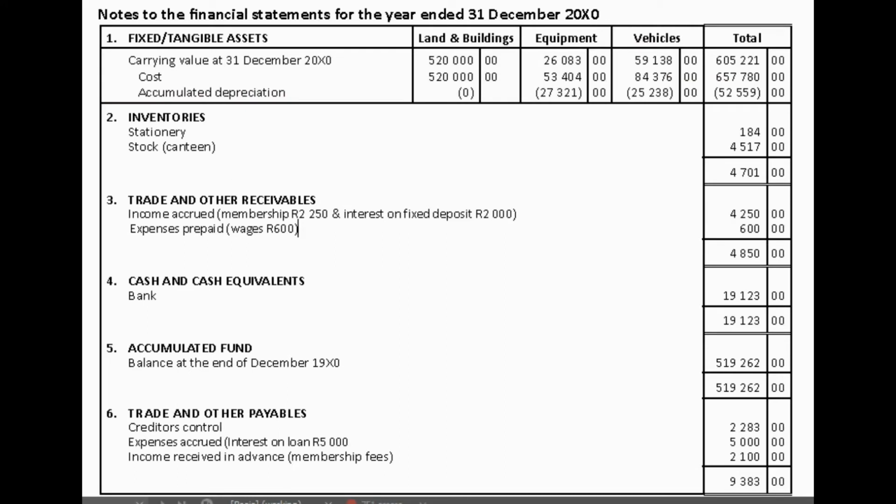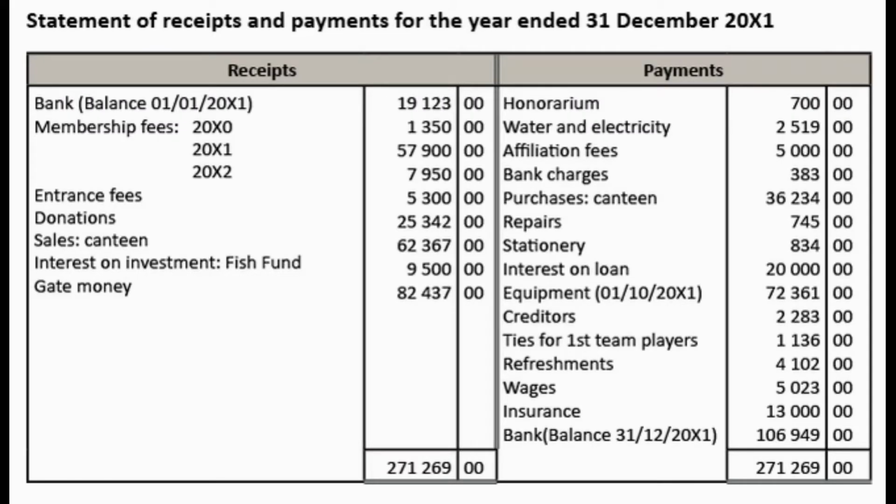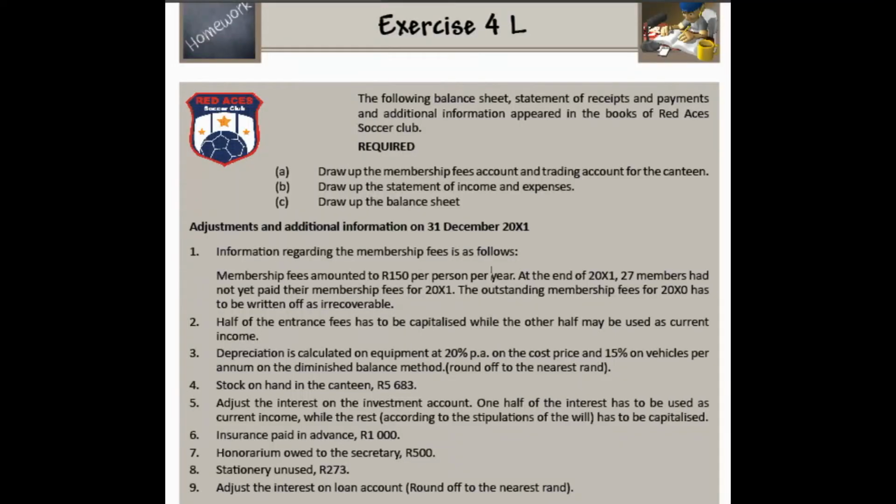They require you to do the membership fees and trading account for the year that ends the 31st of December 21, and then they ask you to draw up the statement of income and expenditure, and the balance sheet. All right. Okay, so we're going to start with the membership fees account.